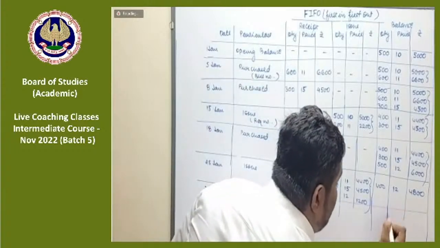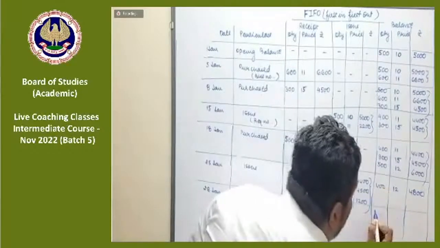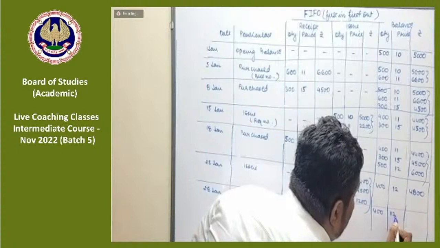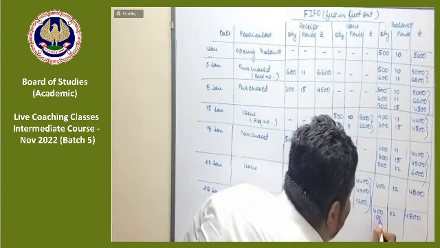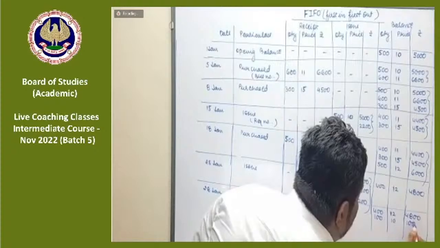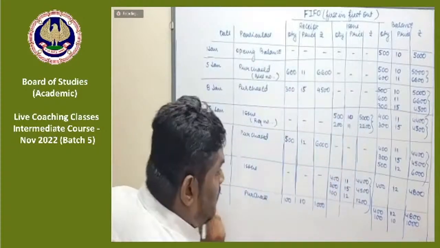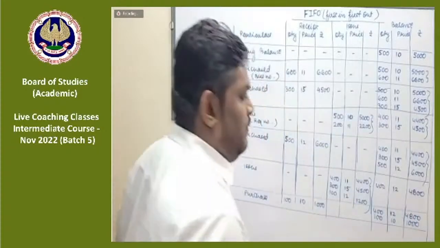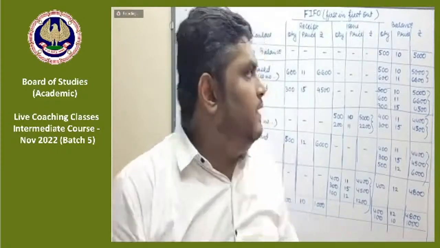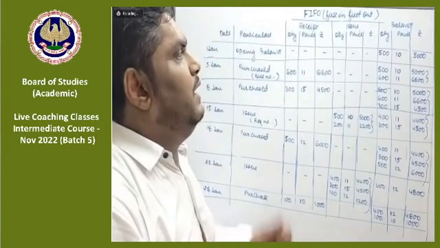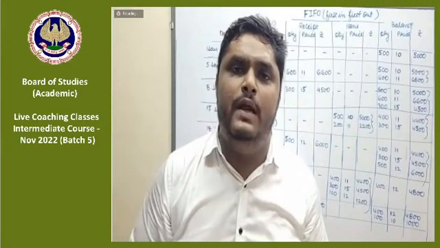And when writing the balance part, 400 units at the rate 12, that is 4,800, and 100 units at the rate 10, that is 1,000. So this is the way the ledger as per the FIFO method is prepared.